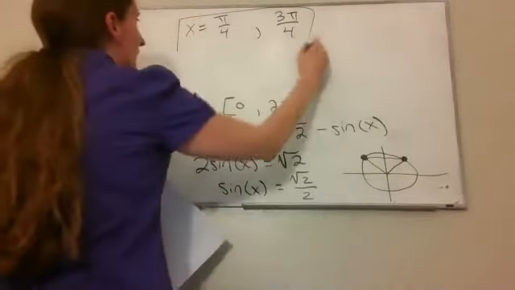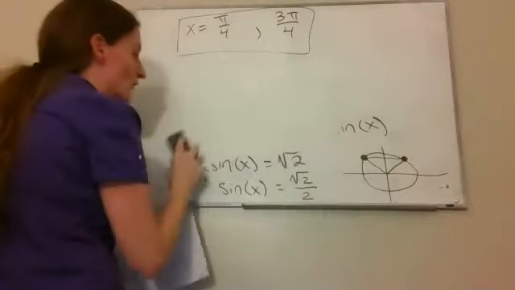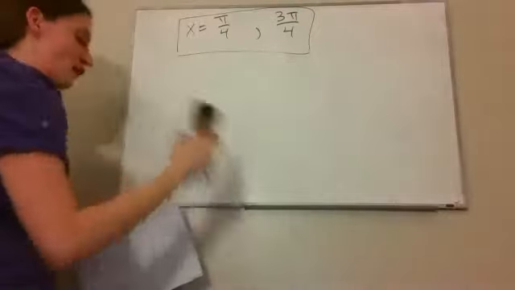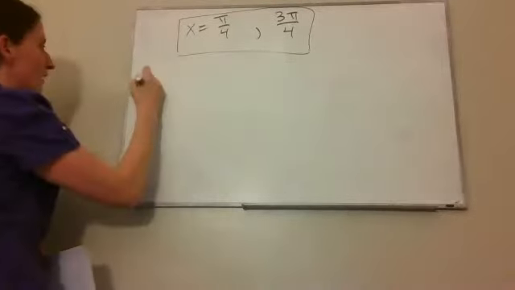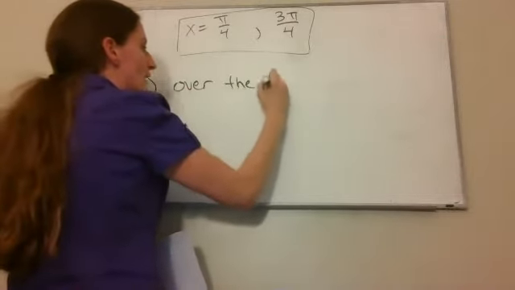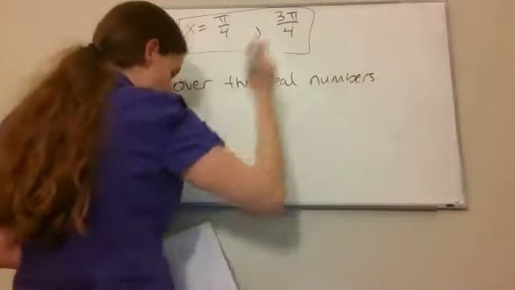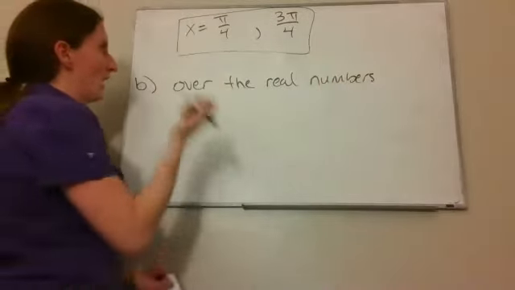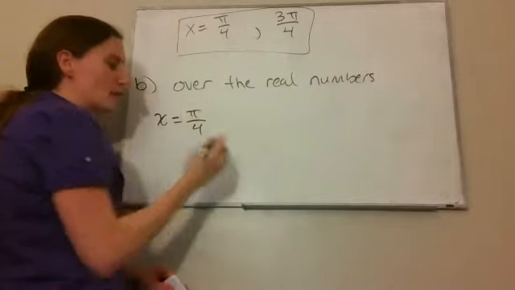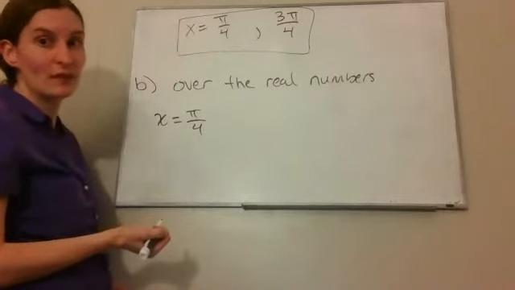So there's our answer. But now, what if instead of answering it over just that interval 0 to 2 pi, I wanted every single possible answer? So solve the same equation over the real numbers. Well, I know that I would have x equals pi over 4, but I also know that each time I go around that circle, I'm going to also have the same sine value.